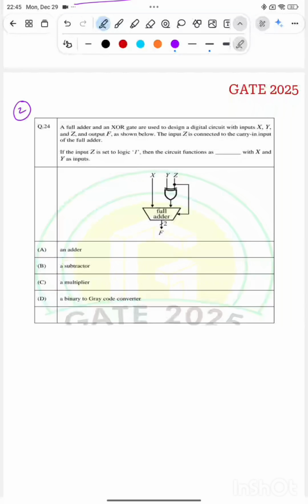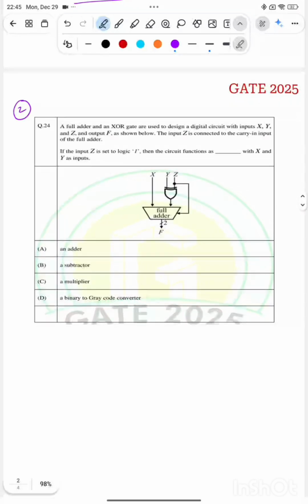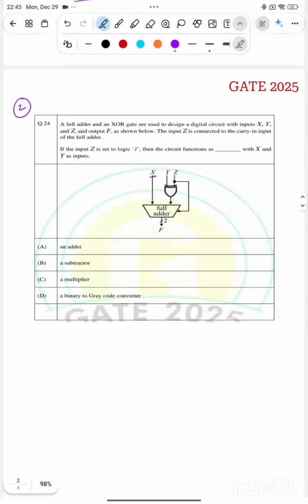If the input z is set to logic 1, then the circuit functions as dash with x and y as input. So this is a full adder, and x and y is the input, okay, and that is input bits, and f is its output. So I have two numbers x and y, and f is the output, and I have one more input, that is z, okay.